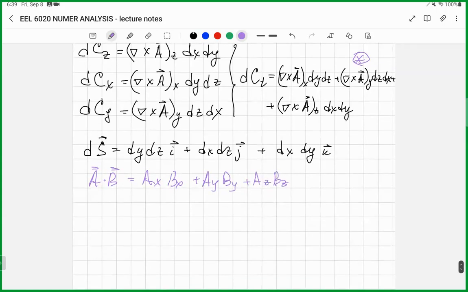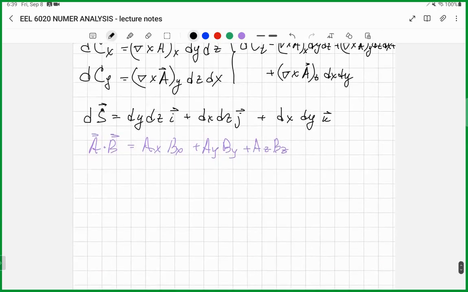The first vector will be the curl with components x, y, and z, and the second vector is the element of the surface. So I conclude that the total circulation through the arbitrarily oriented path in space is equal to the curl of the vector field scalar product with the surface S.